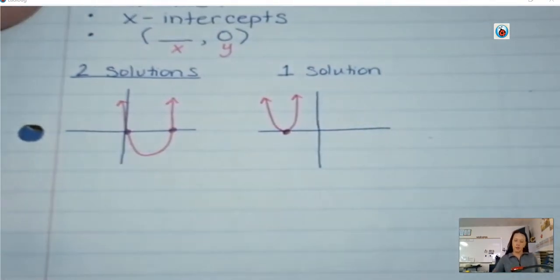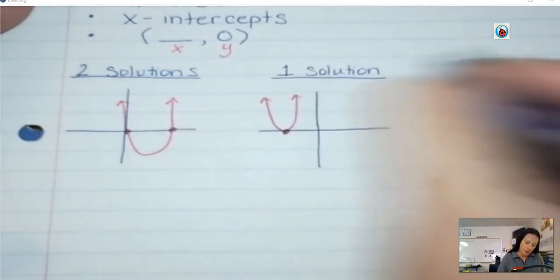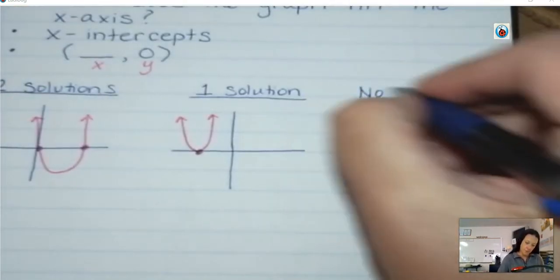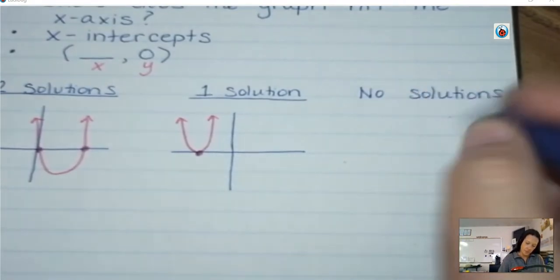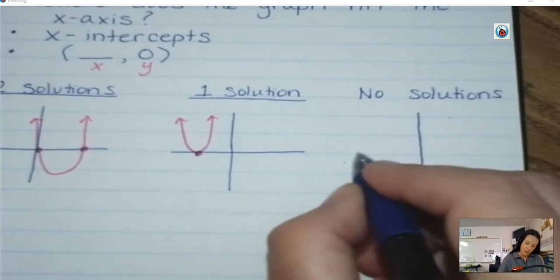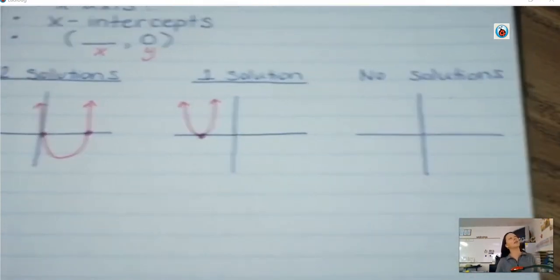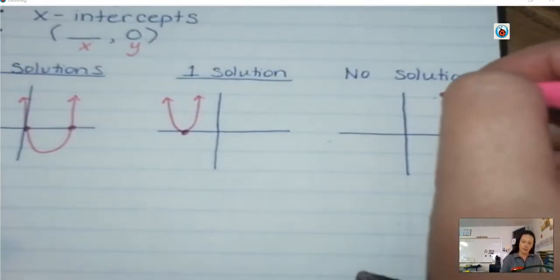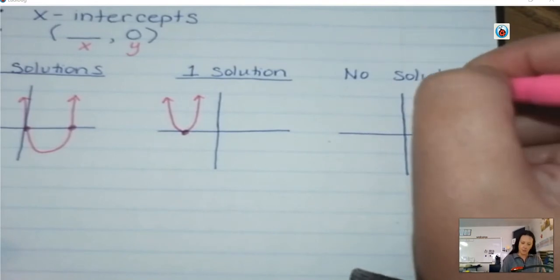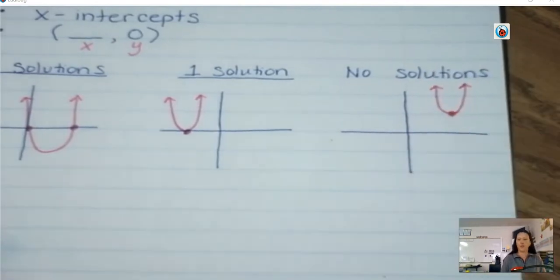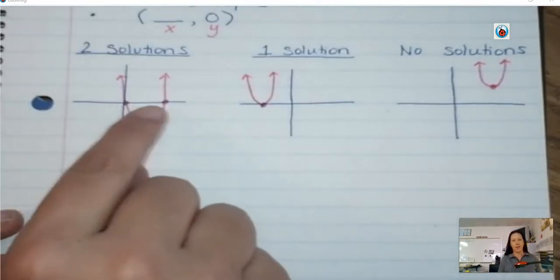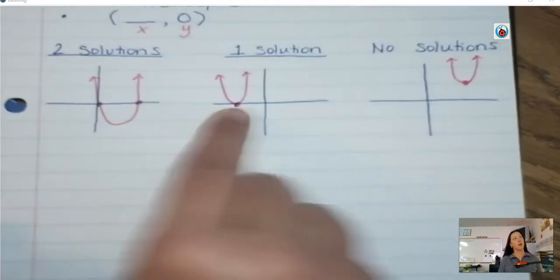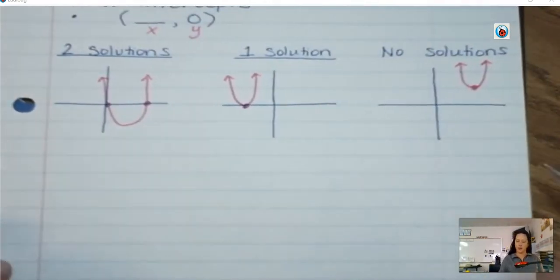Or we also could have no solutions. So on a quadratic, that just means it's never going to hit the x-axis. So maybe it's like this. And there's the vertex right there. So it hits the x-axis twice. Here it hits it once, and here it doesn't hit the x-axis at all.